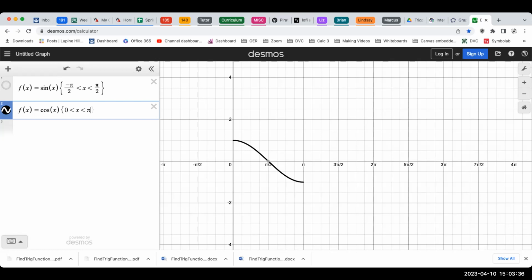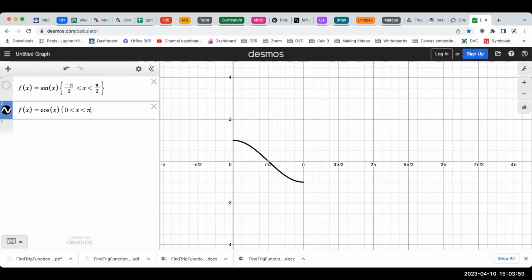Okay. You guys remember what we learned about inverse function graphs? How they have to be symmetric to the line y equals x? That means that my inverse function is going to be symmetrically the same.